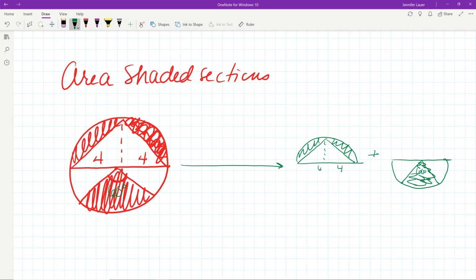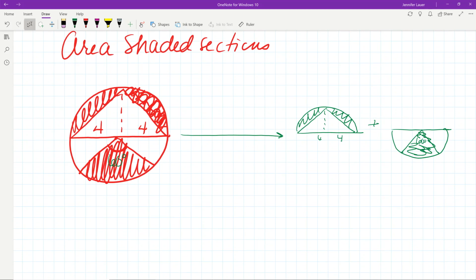The reason that this makes it a little bit easier is that if you think about what's going on here, this is the area of a semicircle minus the area of a triangle, and this is actually just the area of a sector.